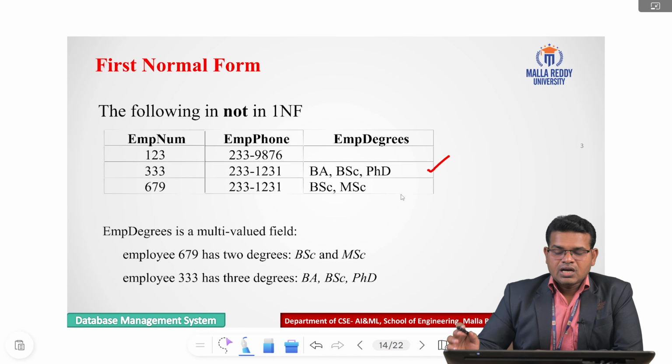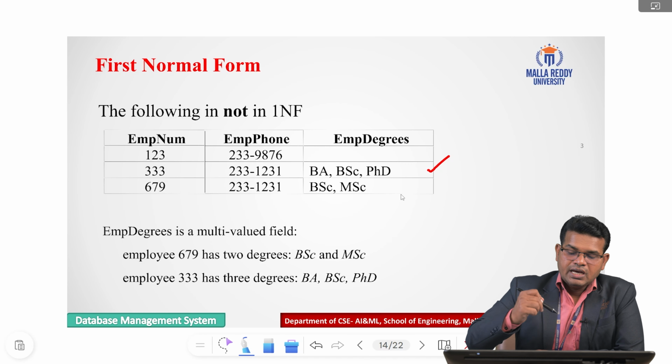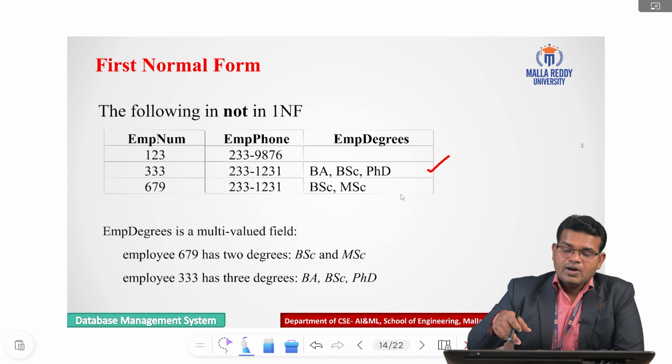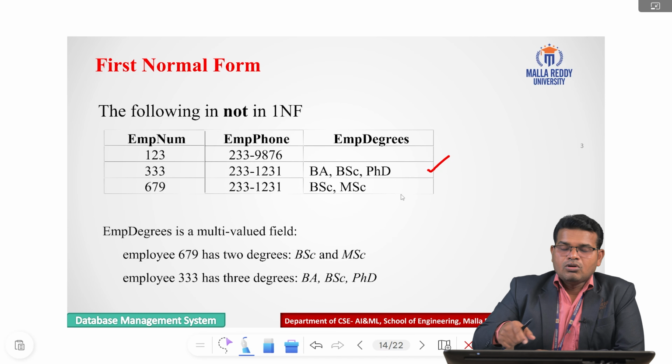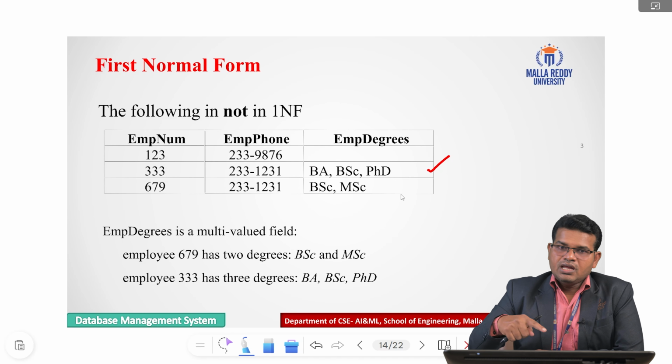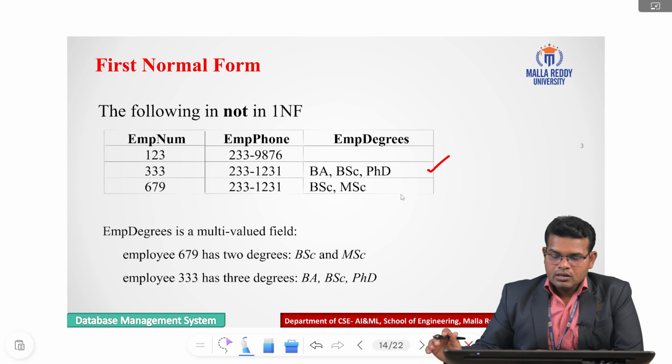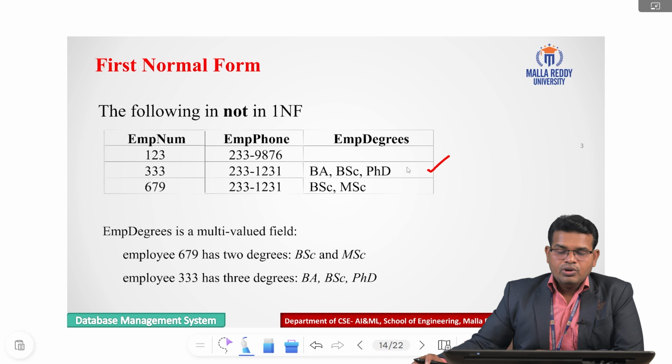Now, for converting this table into first normal form, what do we need to do? The degrees whatever we have, those values should be given in a singular manner, not separated by comma. Any database management system does not allow you to enter the values like this. So, in such cases, we have to convert the table into first normal form.